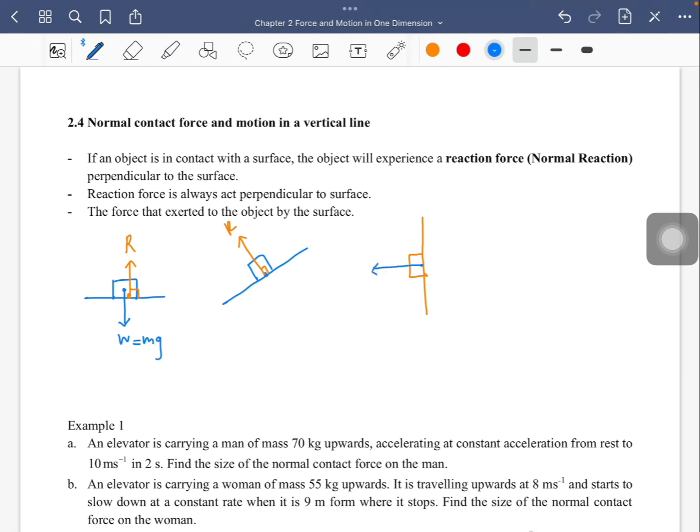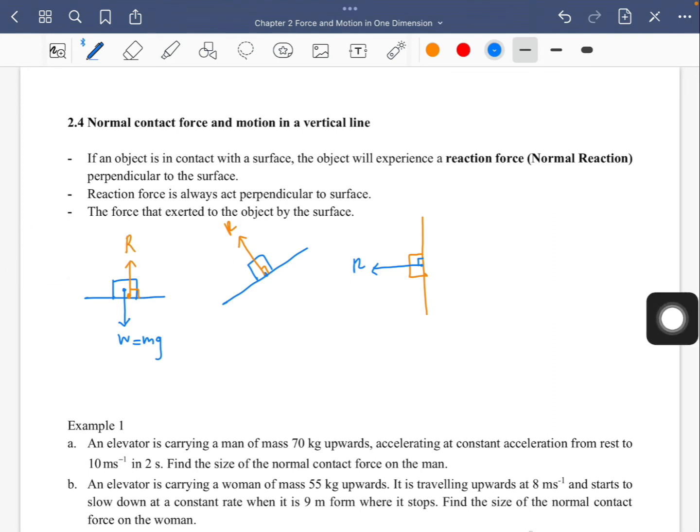And why to the left? Because normal reaction force is always acting perpendicular to the surface. For this chapter we're going to see the case of vertical line only, for the force diagram, and the other cases we're going to see in the following chapter.